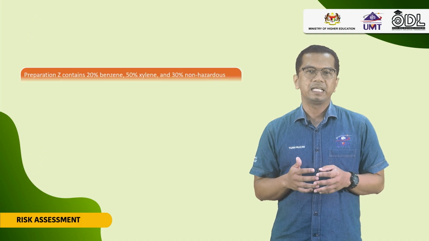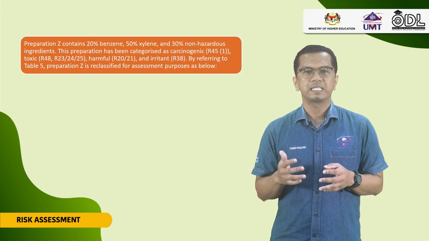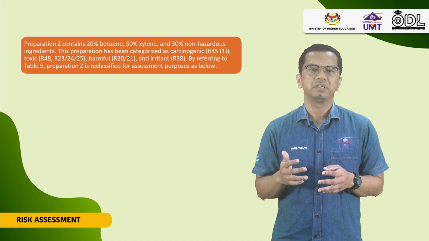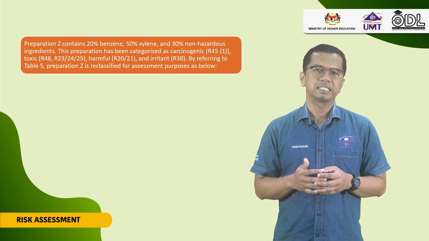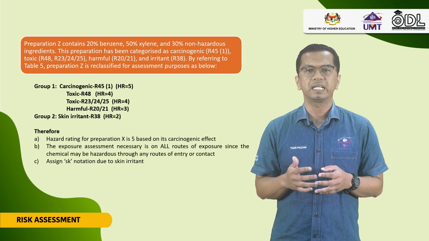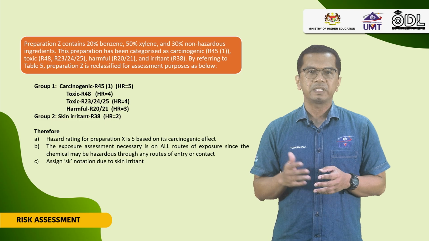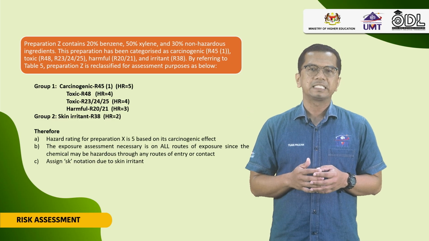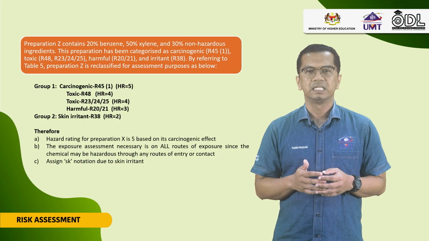Preparation Z is made up of 20% benzene, 50% xylene, and 30% non-hazardous substance. Based on its components, this preparation has been categorized as carcinogenic, toxic, harmful, and irritant. From Table 5, we can assign hazard ratings based on these classifications.